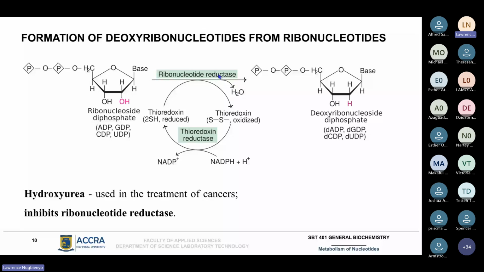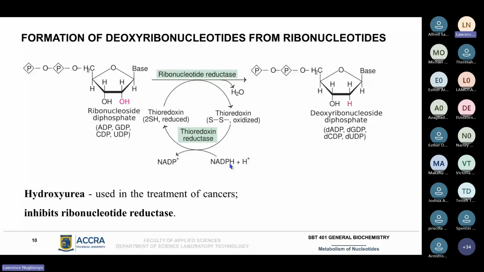And that is where thioredoxin comes in, to give out the hydrogen or the hydrides or the protons back onto the enzyme ribonucleotide reductase. And then itself will have to get reduced again by thioredoxin reductase with the participation of the coenzyme NADPH, which we saw earlier when we were treating coenzymes, the coenzyme involved mostly in reduction reactions.